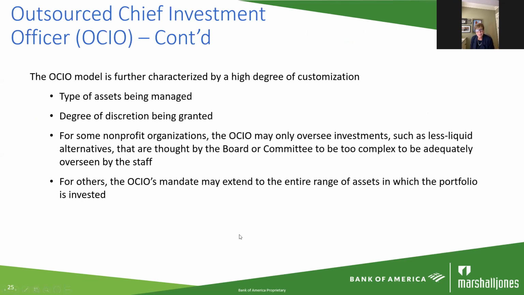The degree of investment discretion granted to the OCIO may vary from organization to organization. So it's not uncommon for the OCIO relationship to evolve over time, beginning with a more restrictive approach and then gradually moving to a structure under which the nonprofit grants more discretion to the OCIO as the board and investment committee become more comfortable with the team.